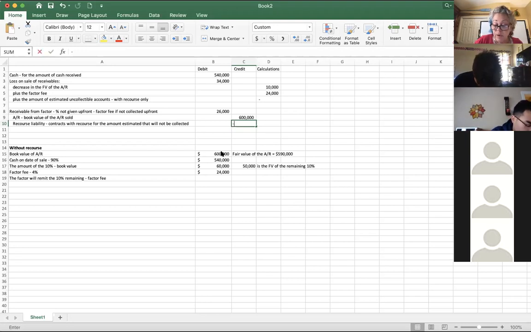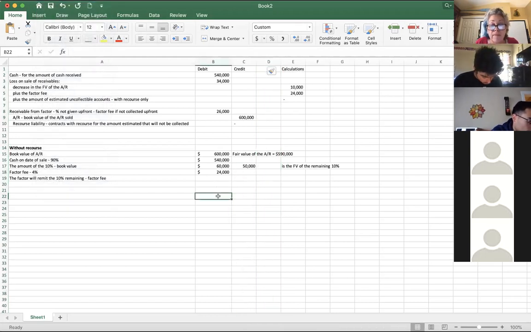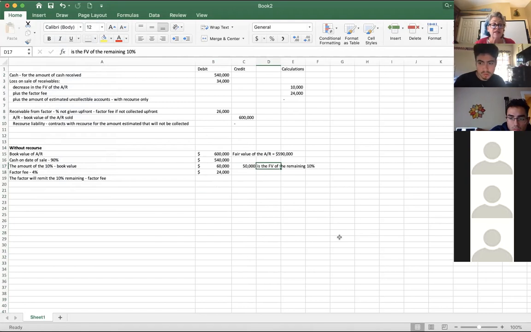Now, in this problem, our recourse liability is 0. Why is it 0? Because this is a without recourse contract. Now my journal entry balances, and I've recorded the sale of accounts receivable.